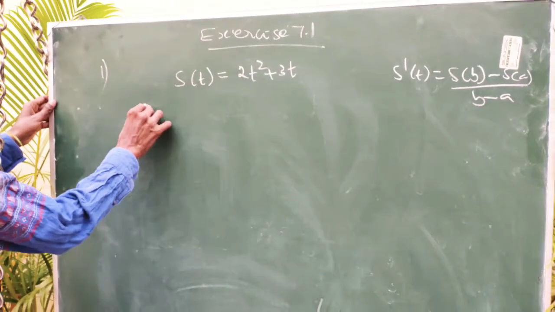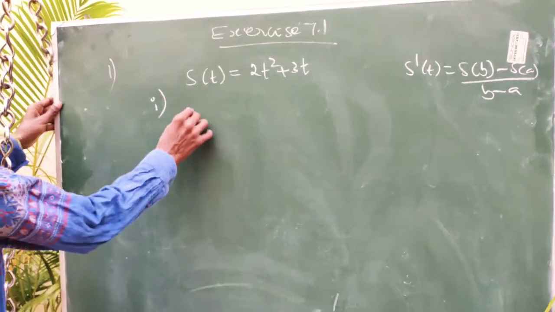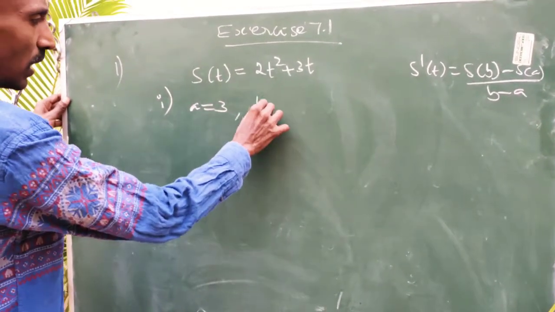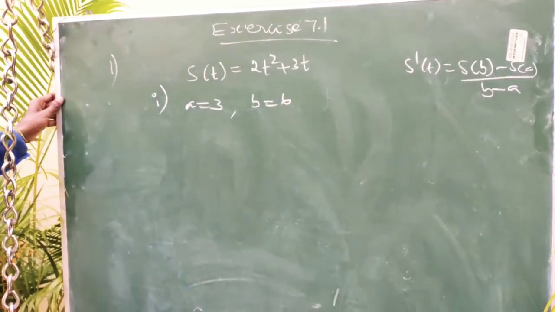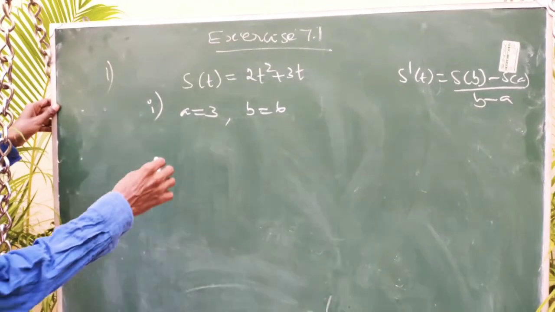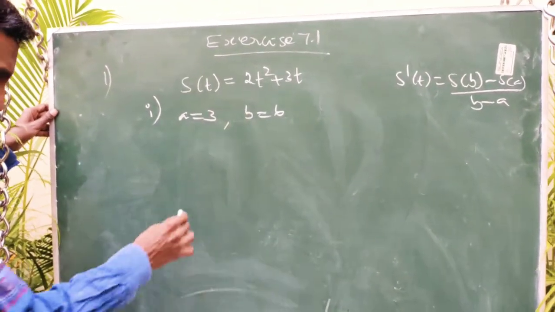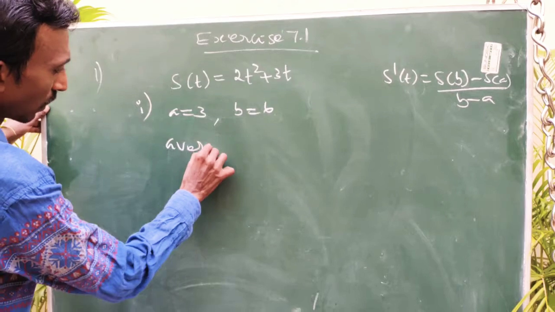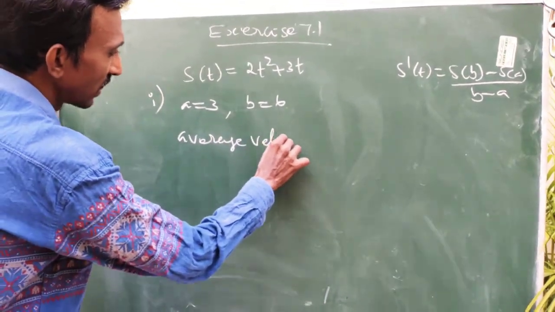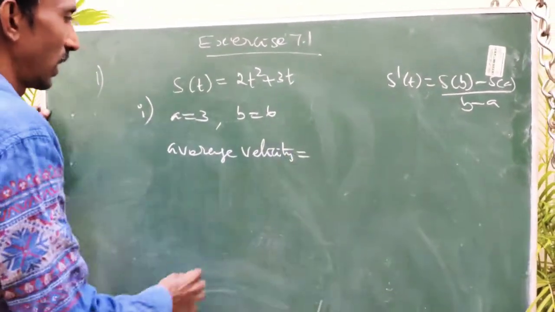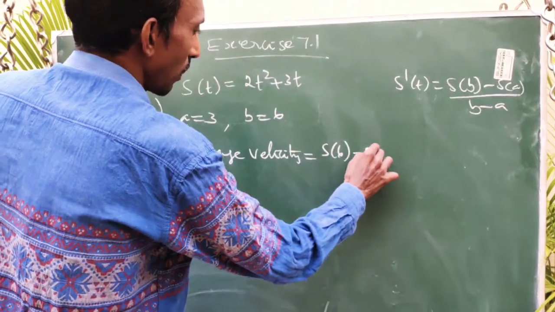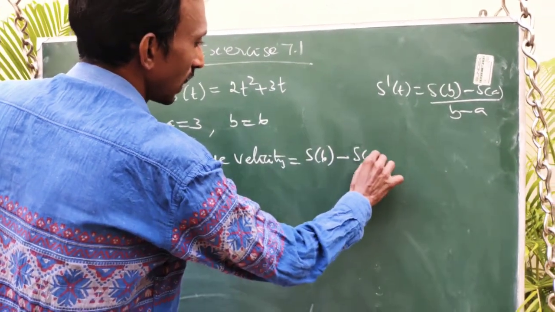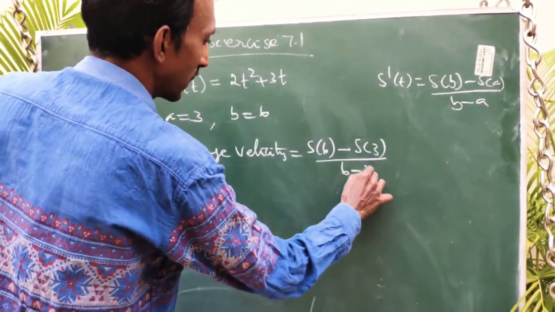So given, write the first subdivision, given a equal to 3 and b equal to 6. Are you clear? So what they are asking, average velocity. So average velocity is equal to s of 6 minus s of 3 by 6 minus 3.